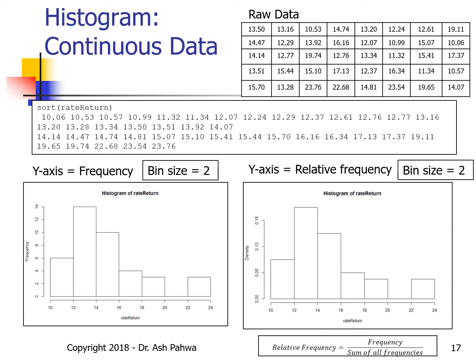For now, let us look into the relative frequency. As you may recall, when we were discussing the bar graph, we also looked into the relative frequency and learned that this is the frequency of a particular item divided by the total number of frequencies. Since the total here is 40, the relative frequency of the number of data between 10 and 12, which is 6, will be 6 divided by 40.